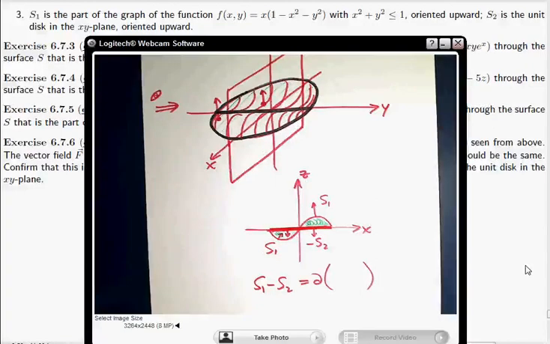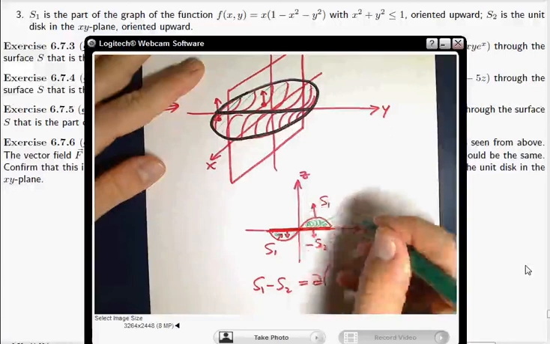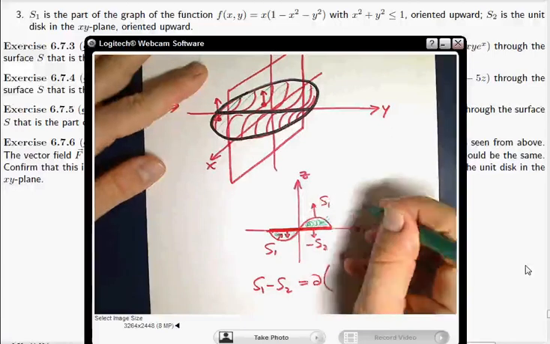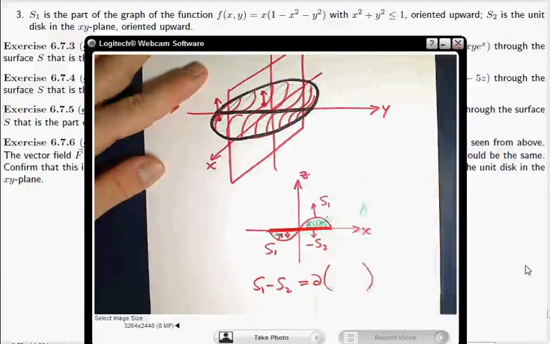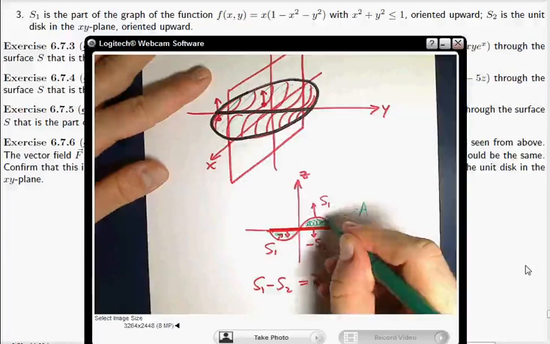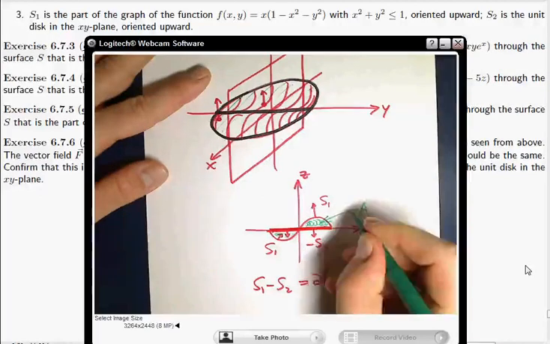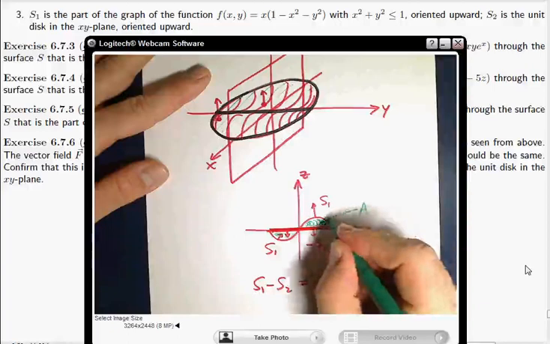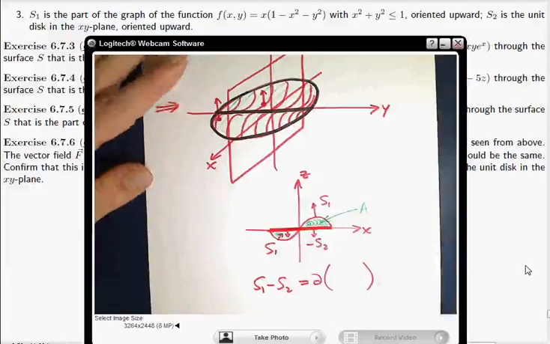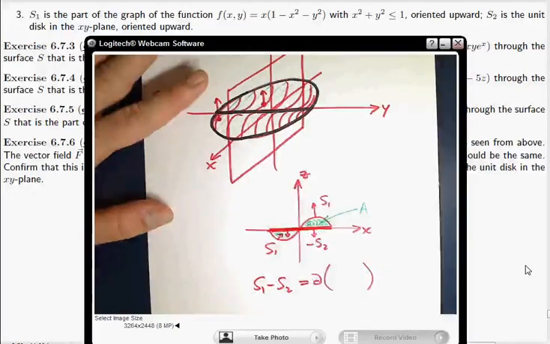So I'm going to give them names. Let me just call them A and B, just to avoid confusion. That's a solid in there, I'm calling A.